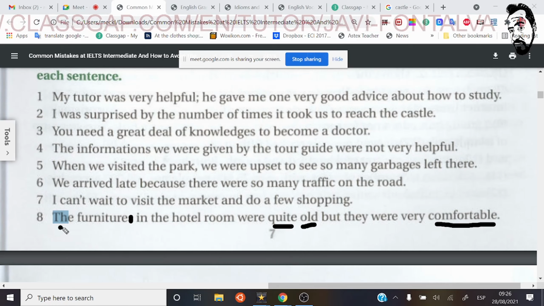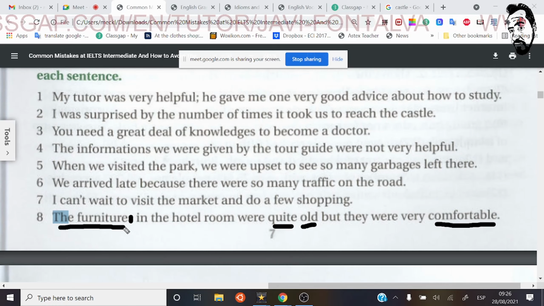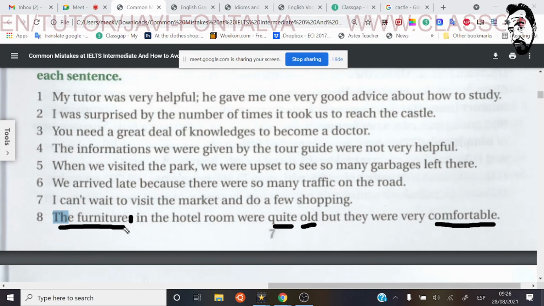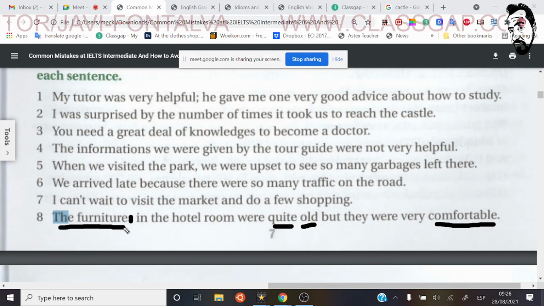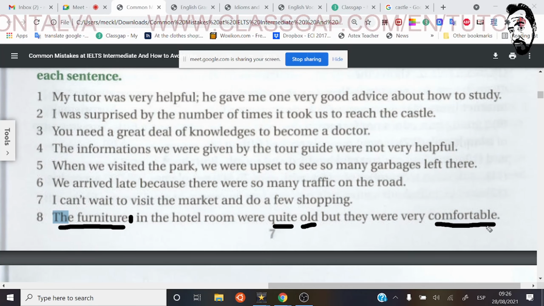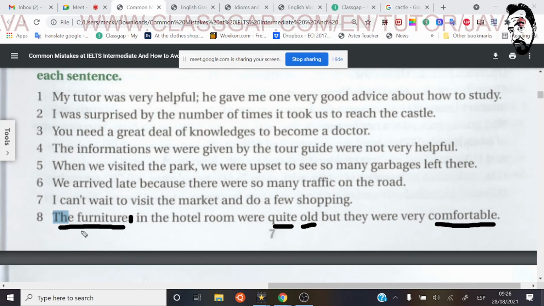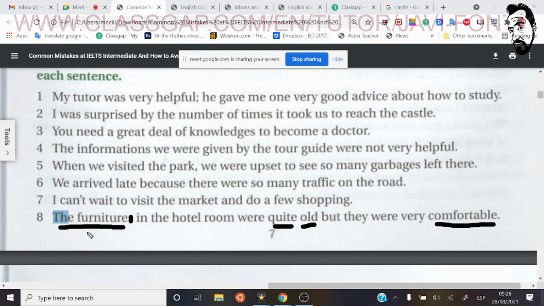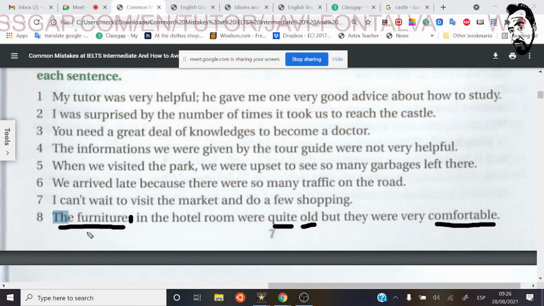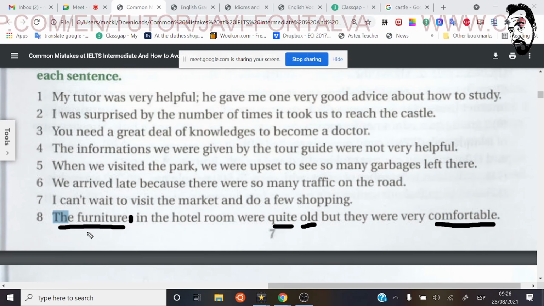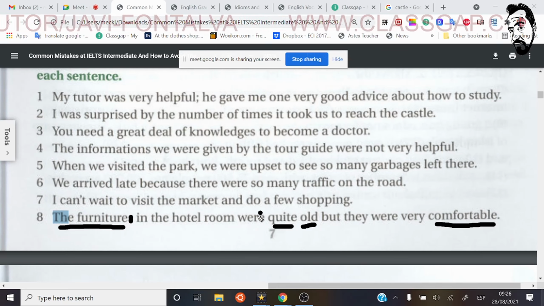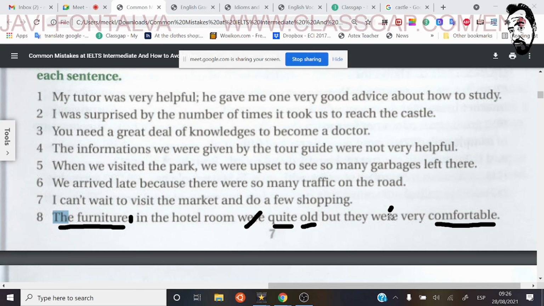So, okay, let's go back to this one. The furniture. Is this plural or singular? Forget about comfortable. What about the furniture? Singular. It's singular, so you have to use the singular verb.